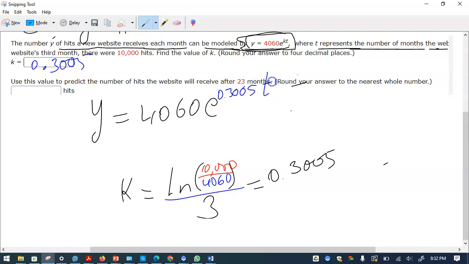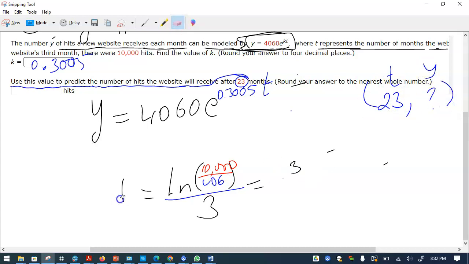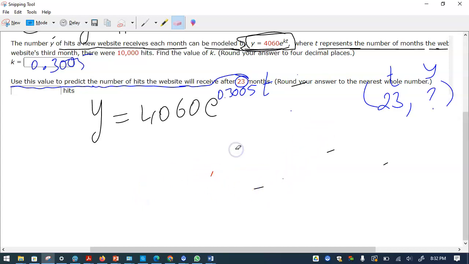The second part is use this value to predict the number of hits the website will receive after 23 months. If the input t is 23, what is the output is the question. So all you do is plug in the 23 right there.